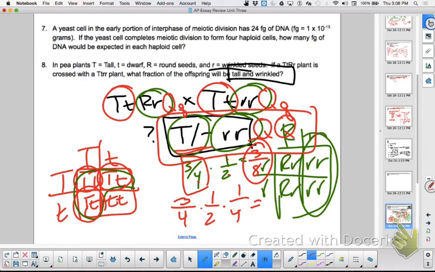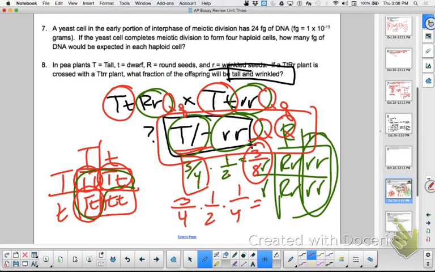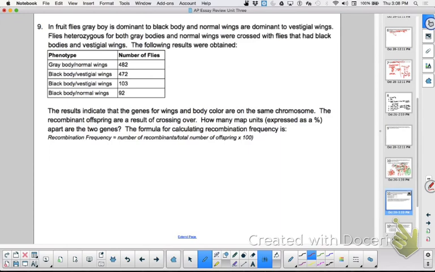Yeah. Okay, so then, where are we? Here. There was one here. That one.